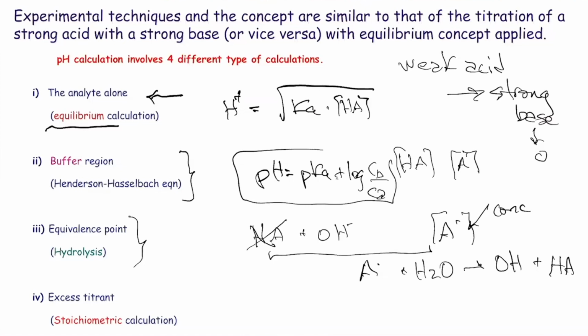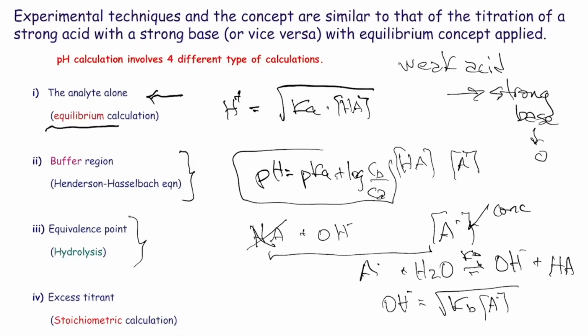You can't use the Henderson-Hasselbalch equation. What you can do is this right here. And you're forming hydroxide, so that's a Kb problem. The hydroxide ion concentration equals the square root of Kb times the concentration of that base. You can do that, okay?